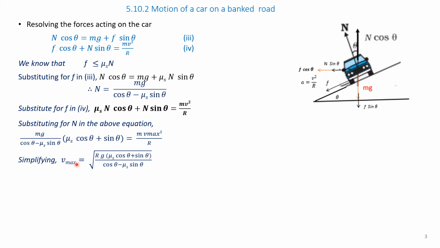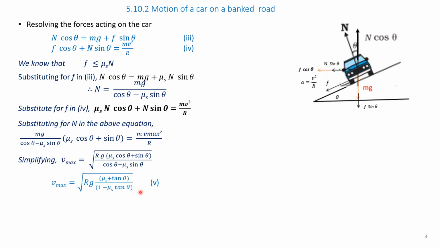Simplifying, we get v max is equal to square root of R G into mu s cos theta plus sin theta divided by cos theta minus mu s sin theta. Therefore, v max is equal to square root of Rg into mu s plus tan theta divided by 1 minus mu s tan theta. Let it be equation 5.